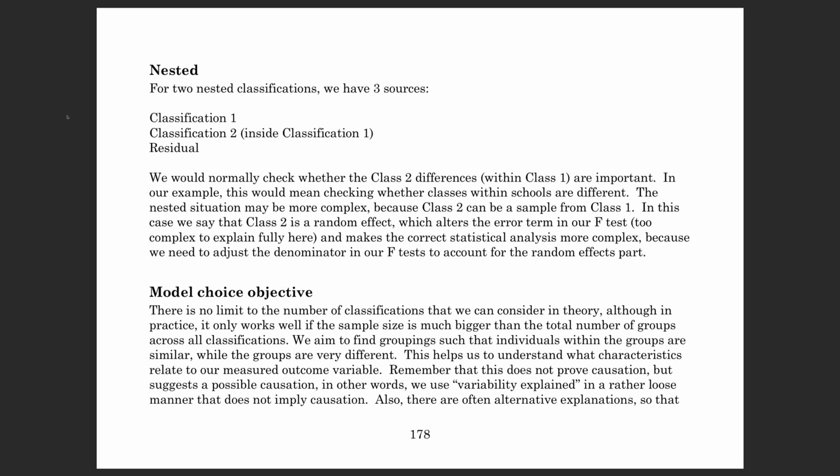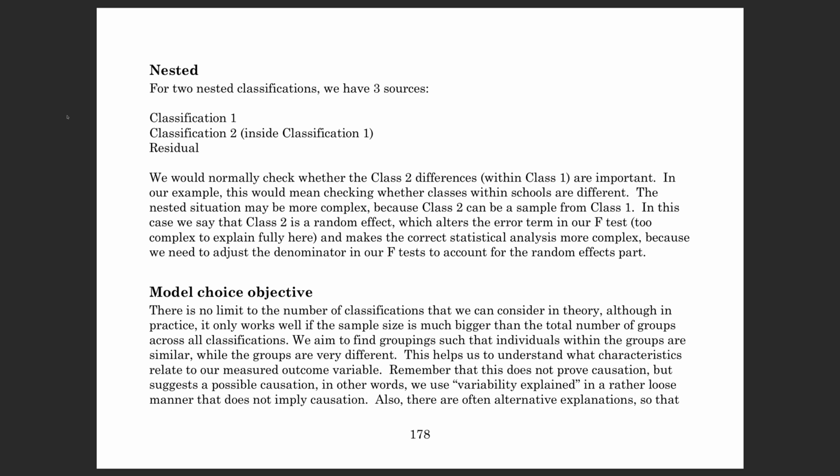Okay, so what about nested classifications? If we had 2 nested classifications, we will generally have 3 sources of variability: our first classification, our second classification nested inside classification 1, plus the residual.